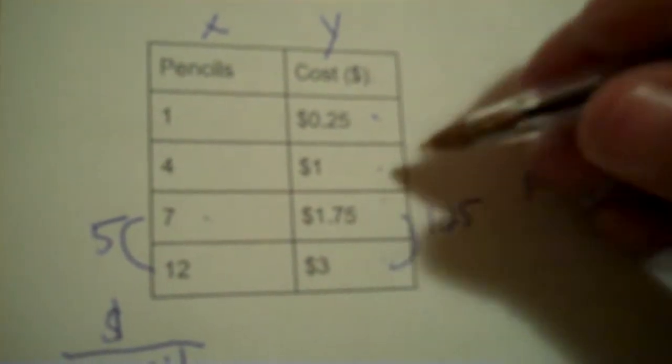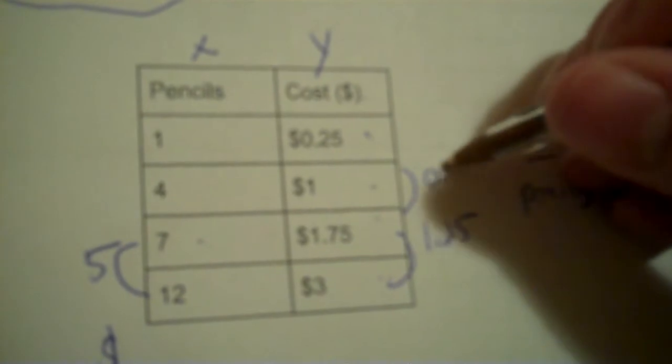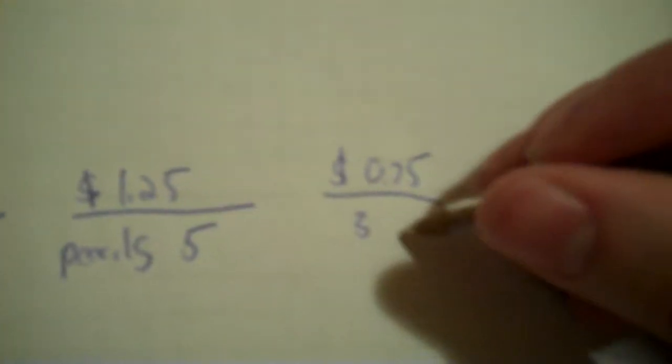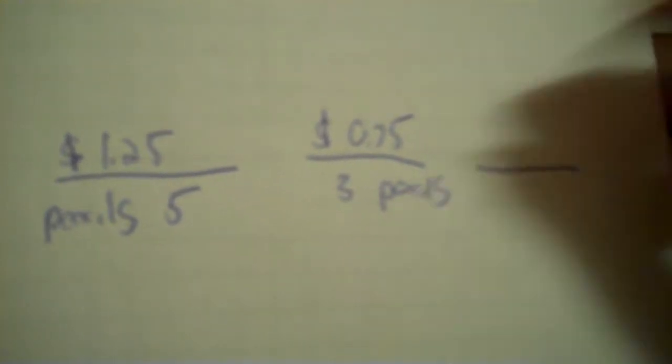Now take your $1.75 minus $1, that's 75 cents. And then 7 minus 4 is 3. So that's going to be 75 cents, okay, from buying 3 pencils. And then finally, okay, $1 minus 25 cents is 75 cents again, and then 4 minus 1 is 3.